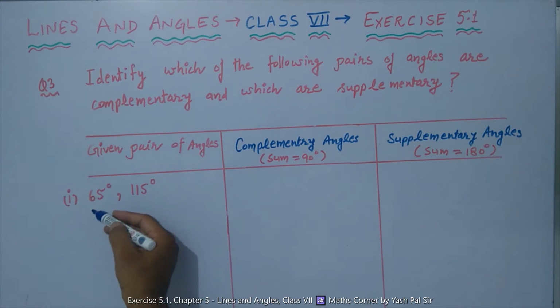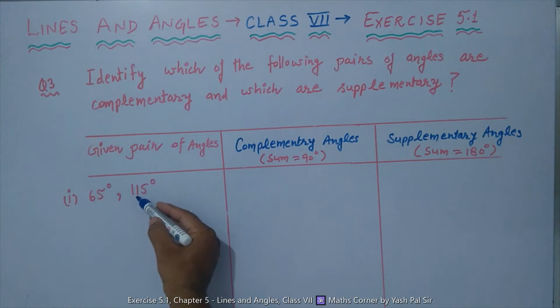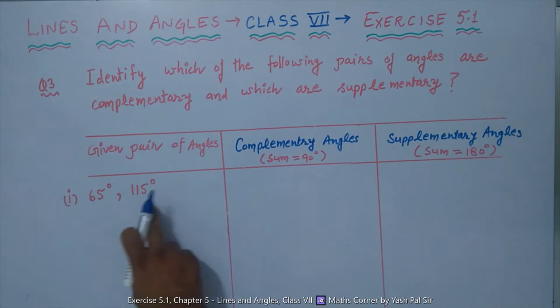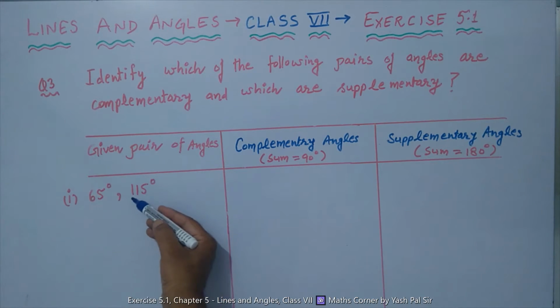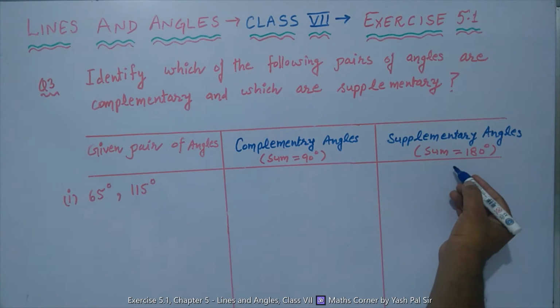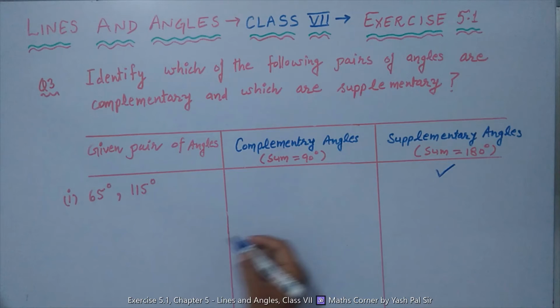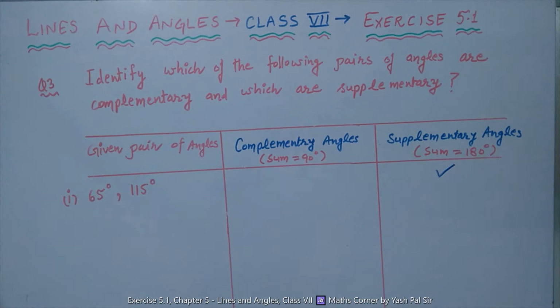The very first pair is 65 degree comma 115 degree. So what is the sum? Sum is equal to 180 degree. 65 plus 115 equal to 180 degree. So these two are supplementary angles.